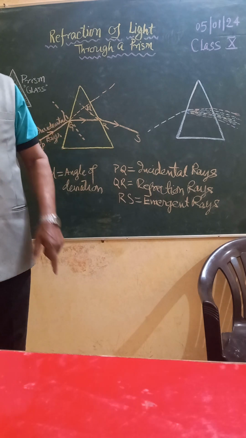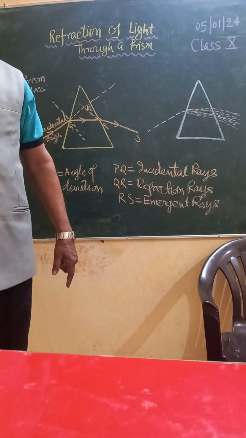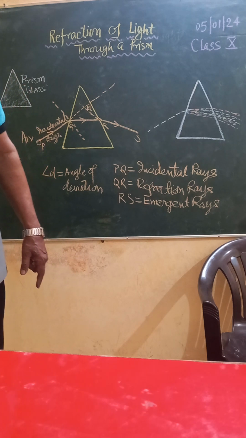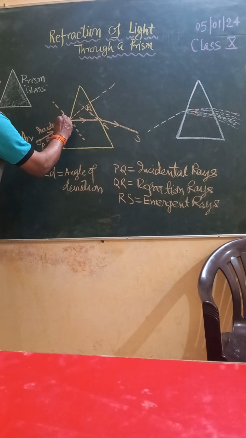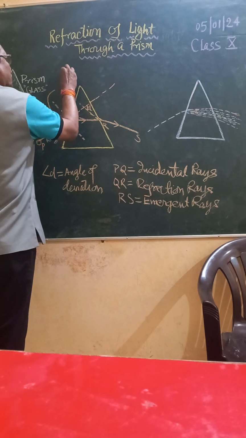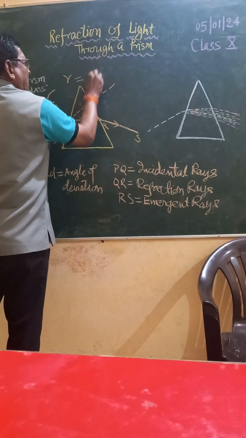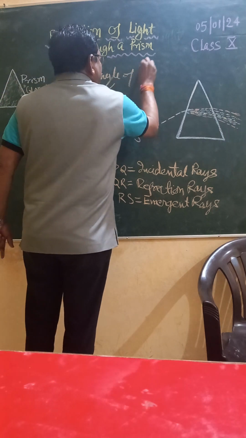Now you will find another angle, that is the angle of incidence. This angle will be known as the angle of incidence, let me take it as R. So R is equal to the angle of incidence.